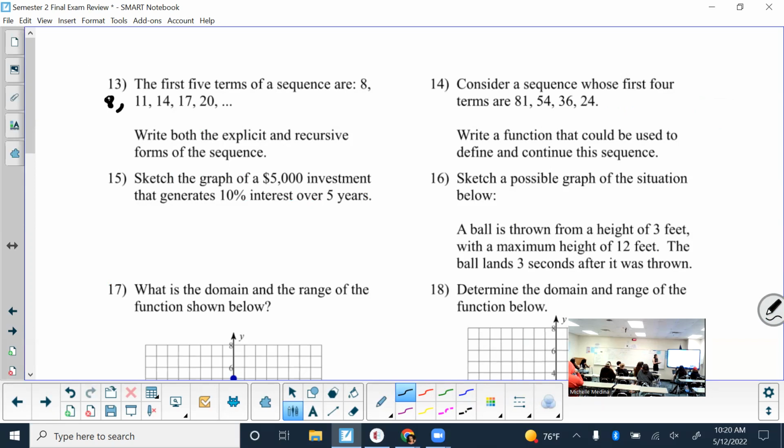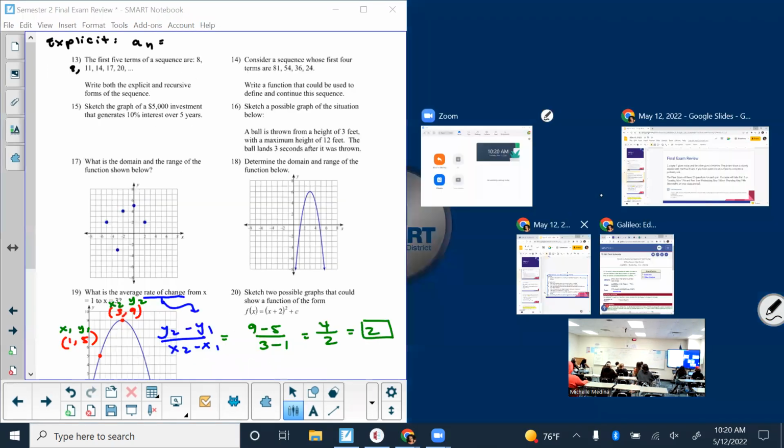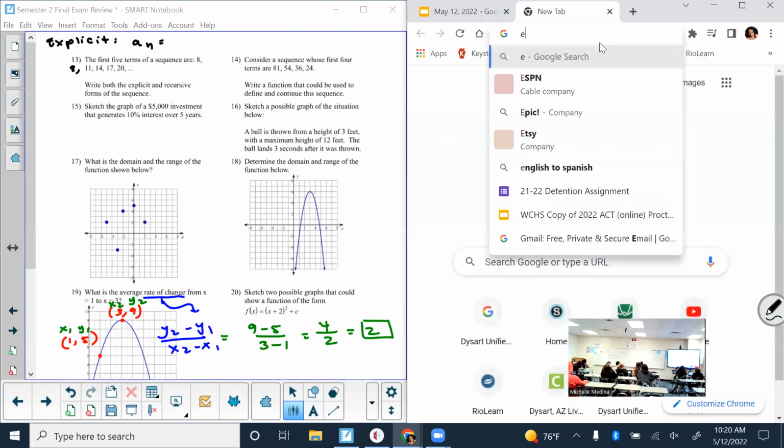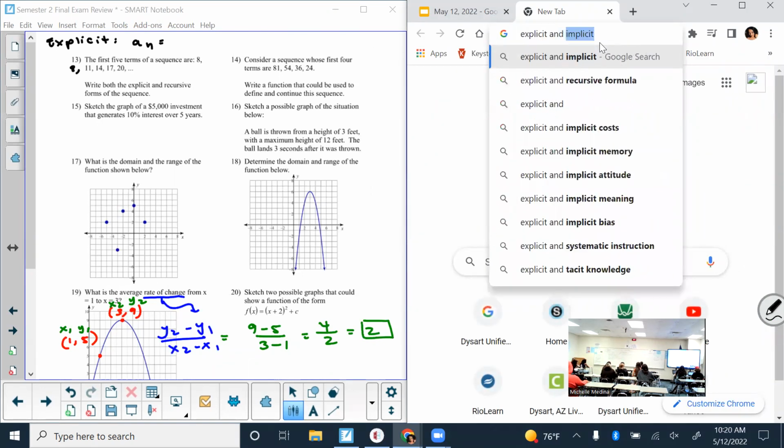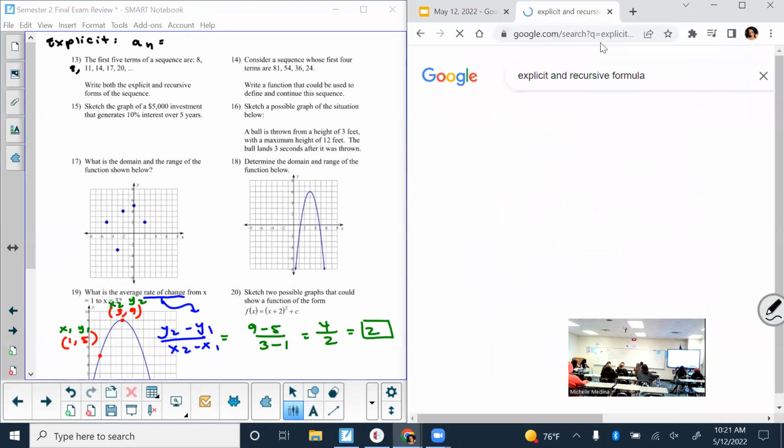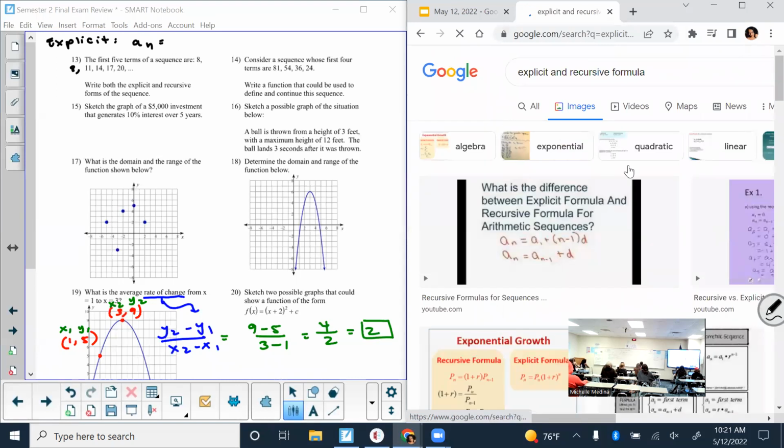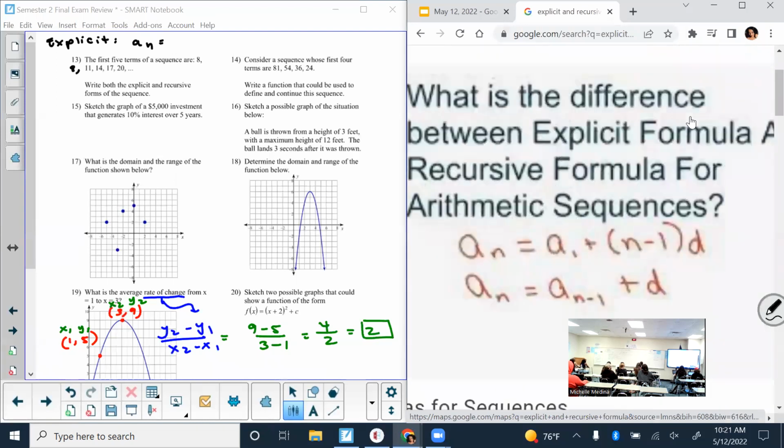So first, explicit is a sub n equals, let me look it up actually before I tell you. Okay, this one is good.